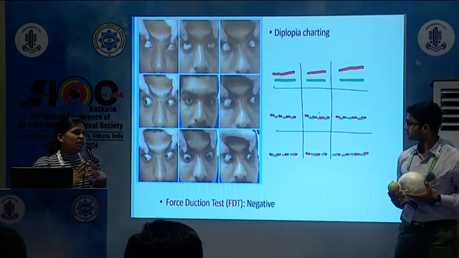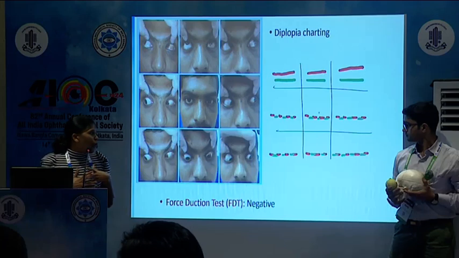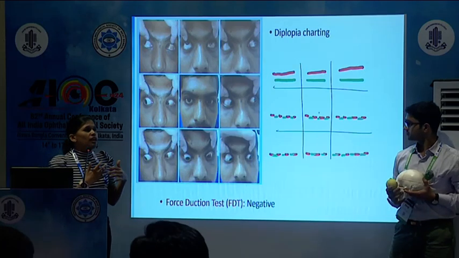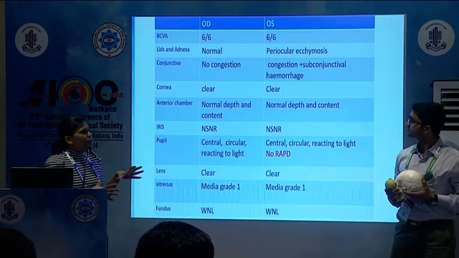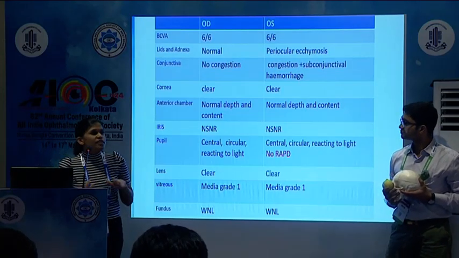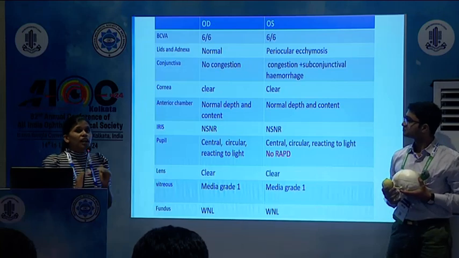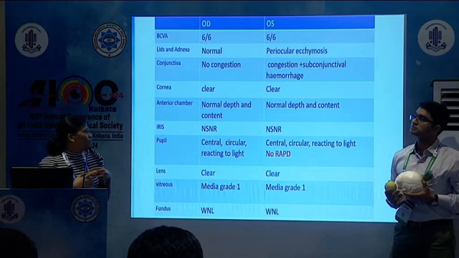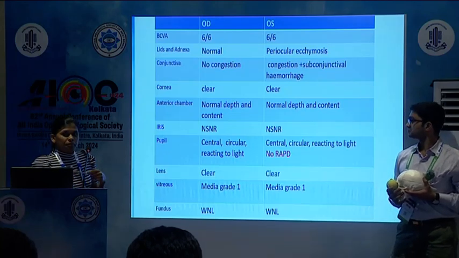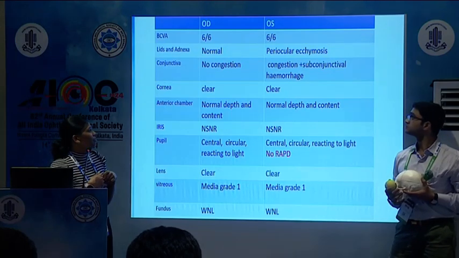Then the forced duction test we do is very, very important. It is negative, which helps to decide the management. In the ocular examination, his vision is absolutely fine, 6/6. There is no RAPD. It is very important to check for RAPD.